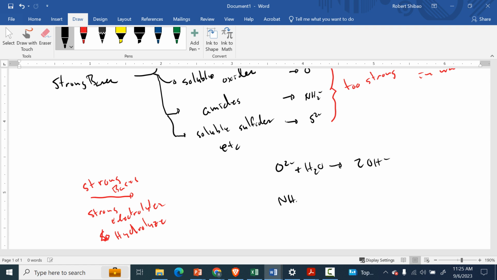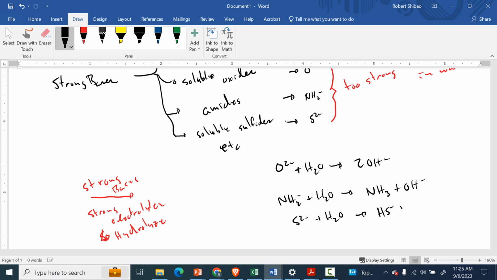Amide is too strong to exist in water. And so amide plucks a proton off water to form ammonia and hydroxide. Sulfide is too strong to exist in water, so it plucks a proton off to form what? These are all Bronsted acid-base reactions.